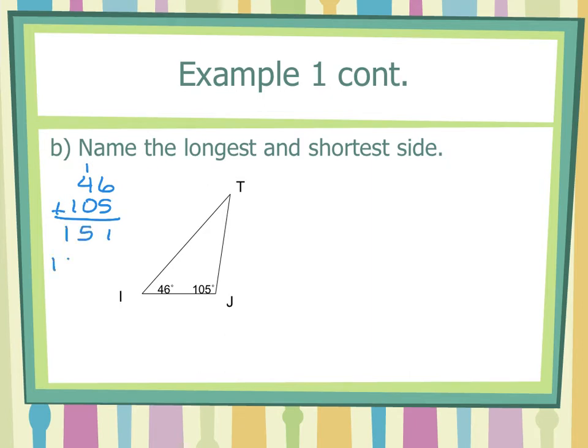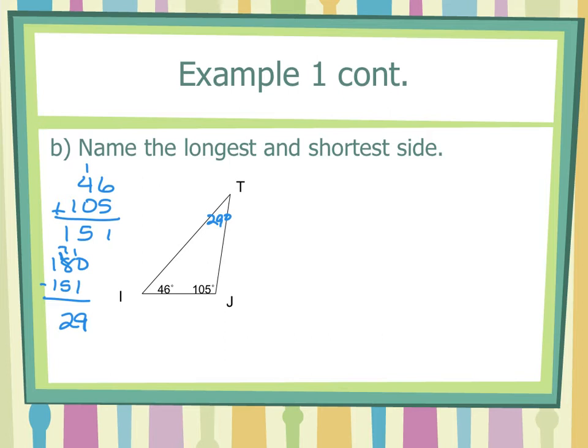I'm going to subtract that from 180, because that's what the three angles need to add up to be. And I get 29. So angle T is 29 degrees. That made a difference in my answer because now the smallest angle is angle T.